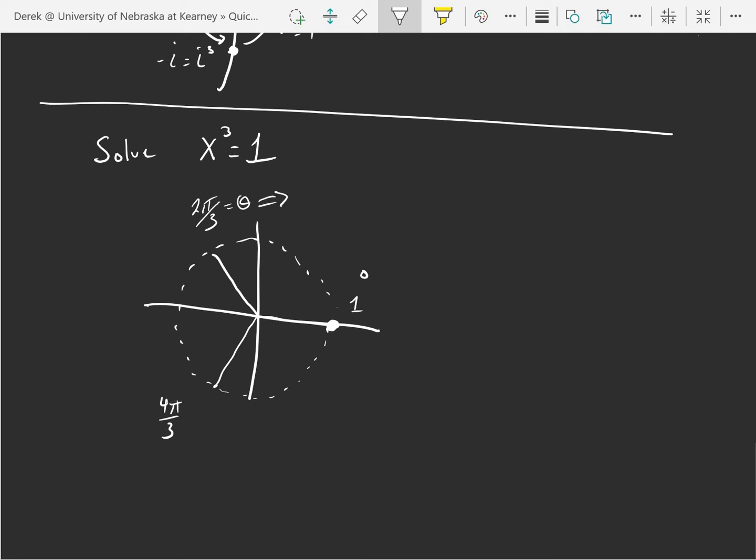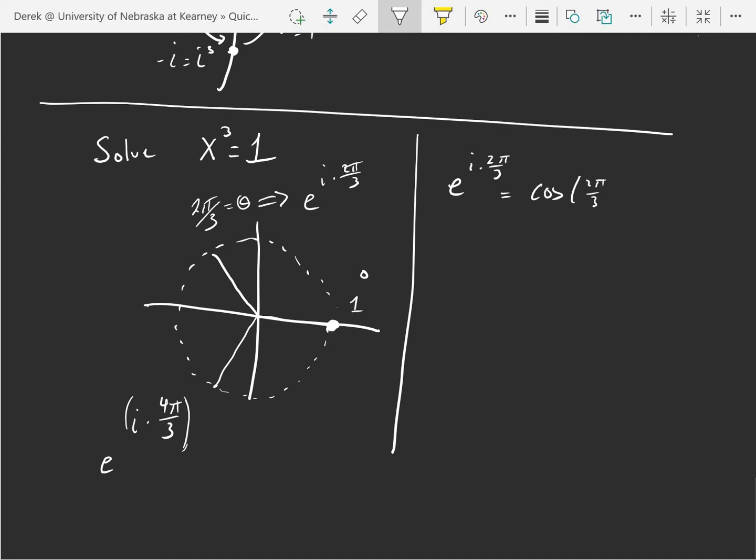So this leads to 1, e to the i times 2 pi over 3, and e to the i times 4 pi over 3 as my 3 roots of unity for the cubic. And so we can calculate these. e to the i times 2 pi over 3 is equal to the cosine of 2 pi over 3 plus i times the sine of 2 pi over 3.